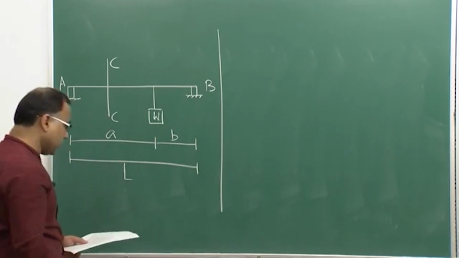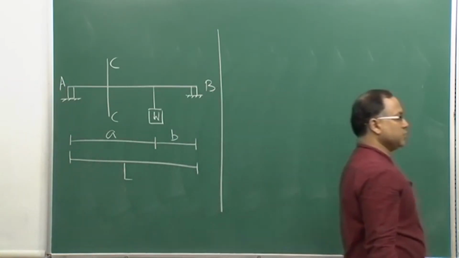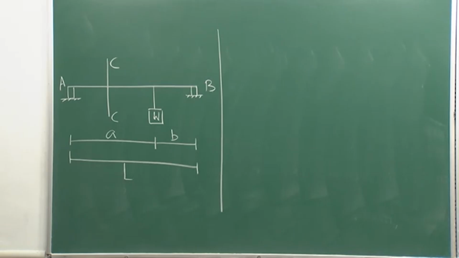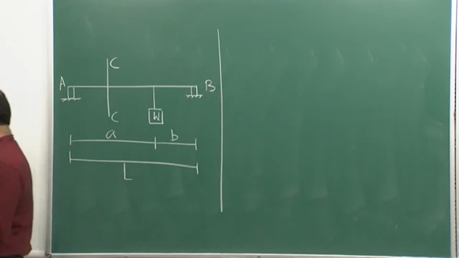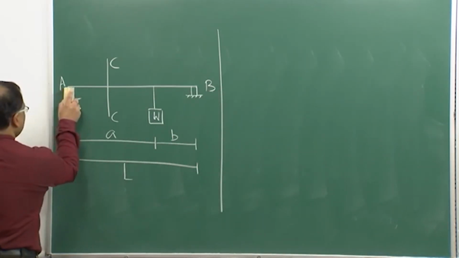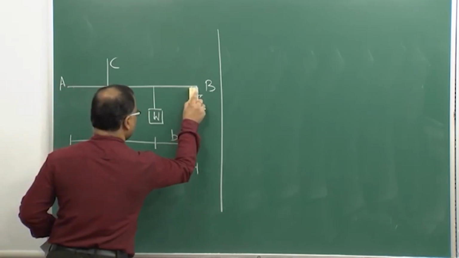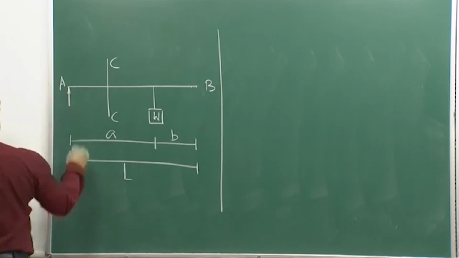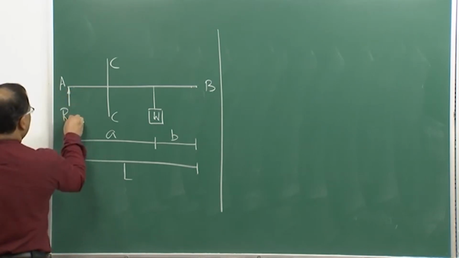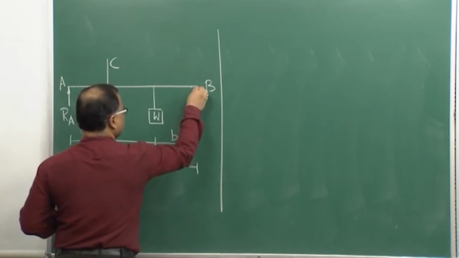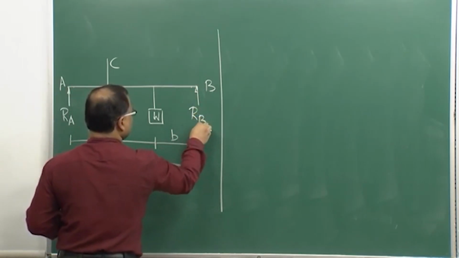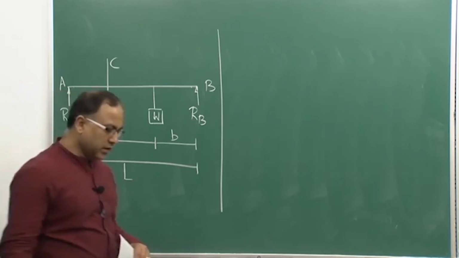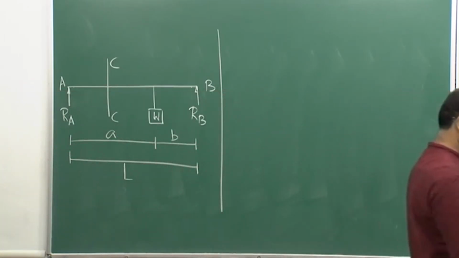As per our steps, we have to idealize the system, and once you idealize the system, we will draw the free body diagram. To draw the free body diagram, these supports should be replaced by the reaction forces RA and RB. Only vertical forces will be there, because this is simply supported and there is no horizontal force.